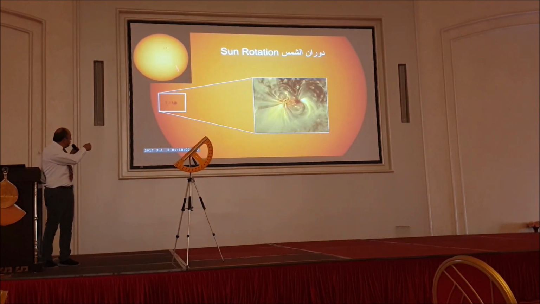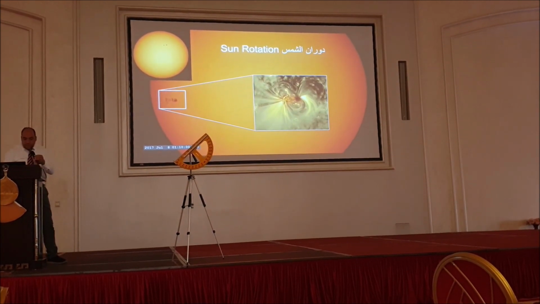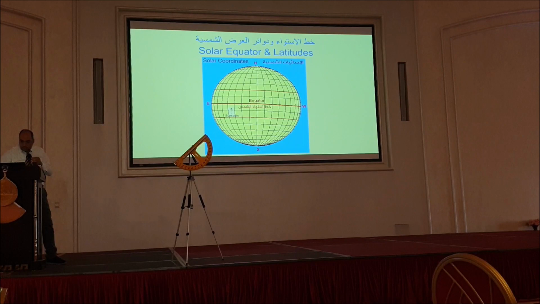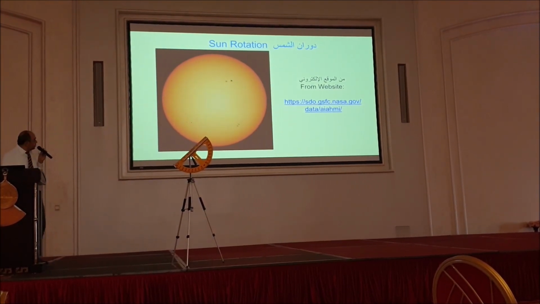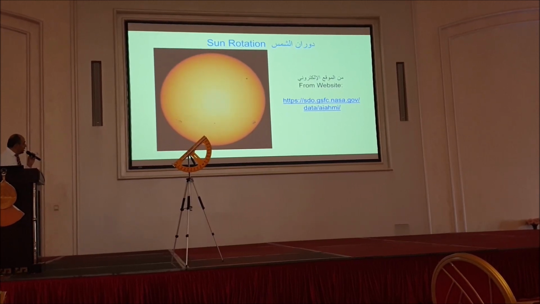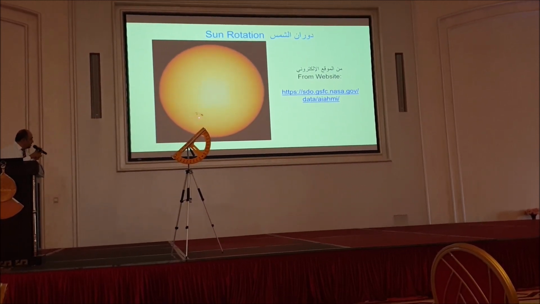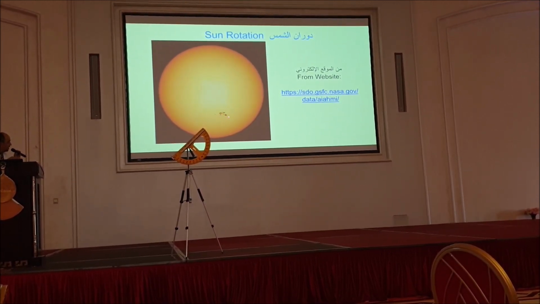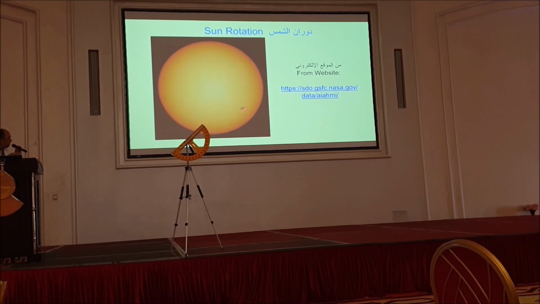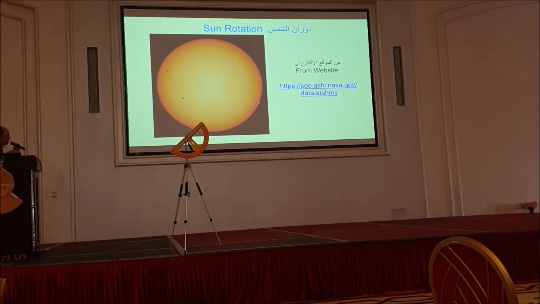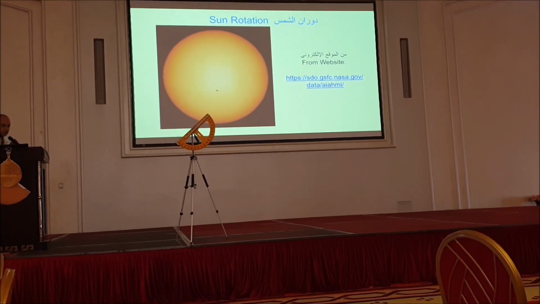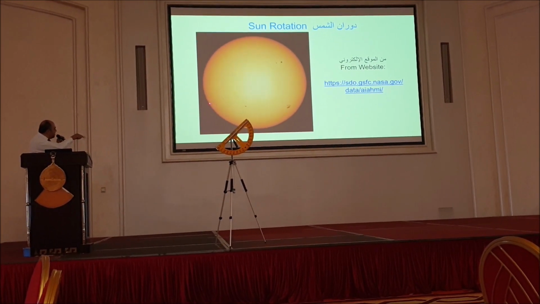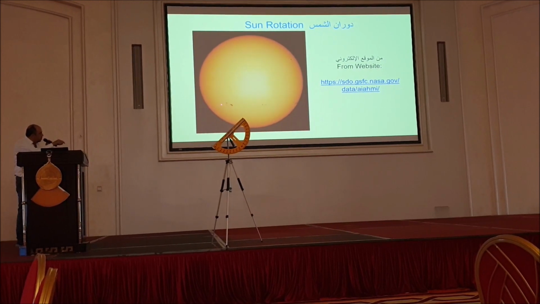Follow up one of the sunspots. Now see, I'm going to show you. Look, it is rotating. Look at this sunspot, this one. Now it is disappearing. It appeared, now it is disappearing. Now, follow it.